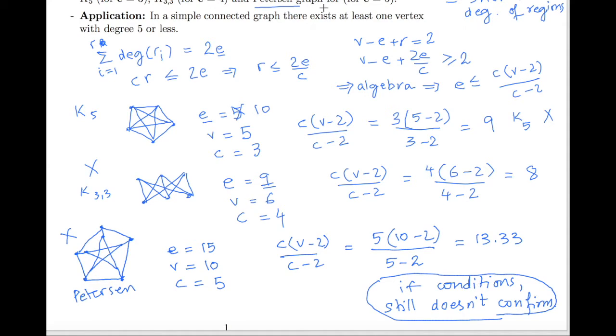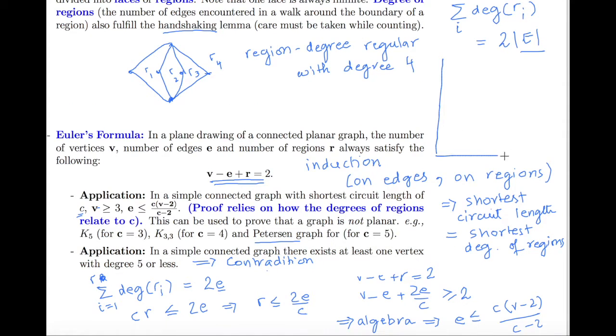Okay. So now, before we finish, in a simple connected graph, there exists at least one vertex with degree 5 or less. So we use contradiction and we assume that all the vertices have degree at least 6. Then, using the handshaking lemma, the sum of the degrees of vi is equal to 2 times the number of edges, correct?